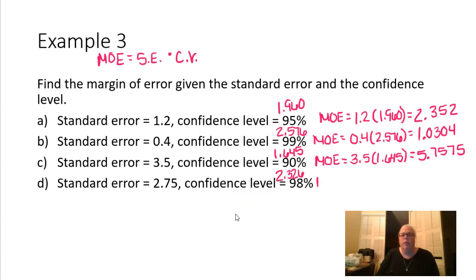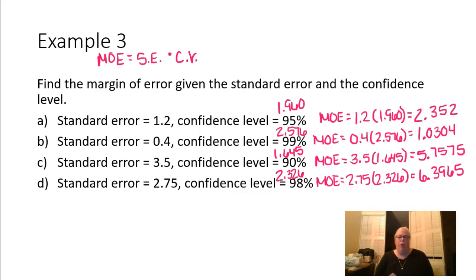The margin of error on this problem will be 2.75 times 2.326. That will give us 6.3965.